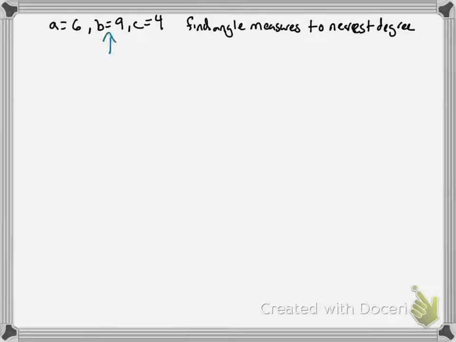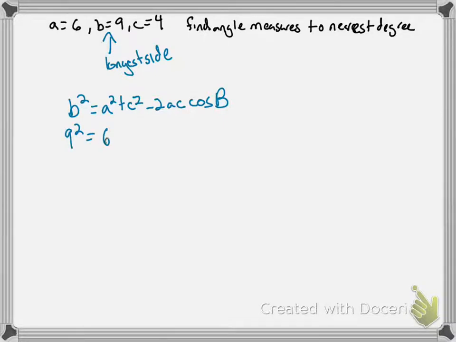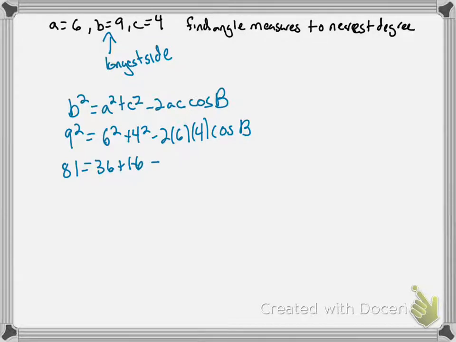The largest side is B. So what I'm interested in is still going to be that B squared equals A squared plus C squared minus 2A, I almost put B there, 2AC cosine of B. So that gives me 9 squared equals 6 squared plus 4 squared minus 2 times 6 times 4 cosine of B.